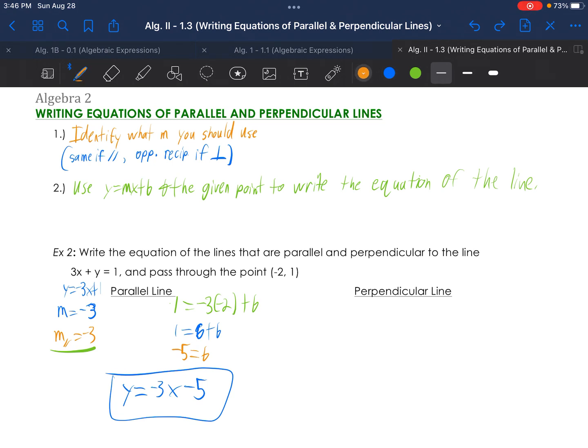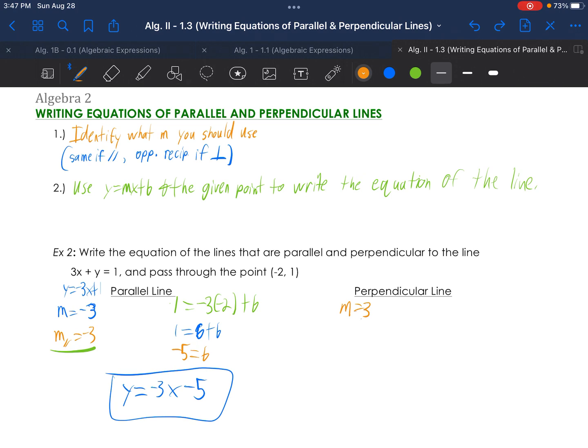Onto the perpendicular line. We already found the slope of the original line, so we know that's m equals -3. Now we need to say, well, for the perpendicular line, we're not just going to use negative 3 again. This time, we need it to be opposite sign, so it'll be positive, which we like, but we have to reciprocate it, which we don't like what we're going to have to do here because we'll have to make it a fraction.